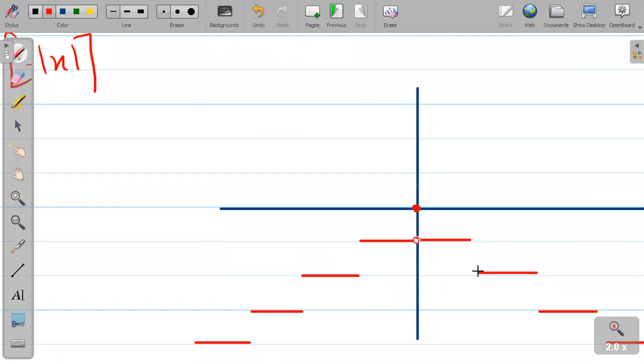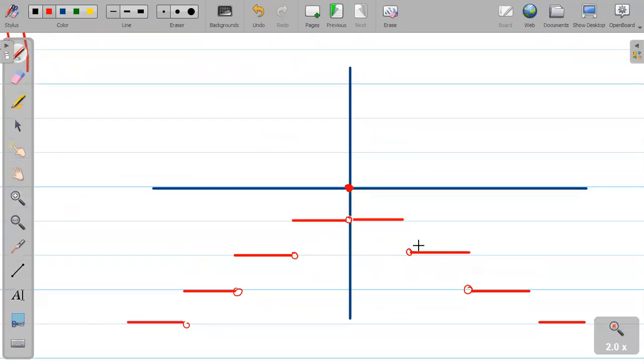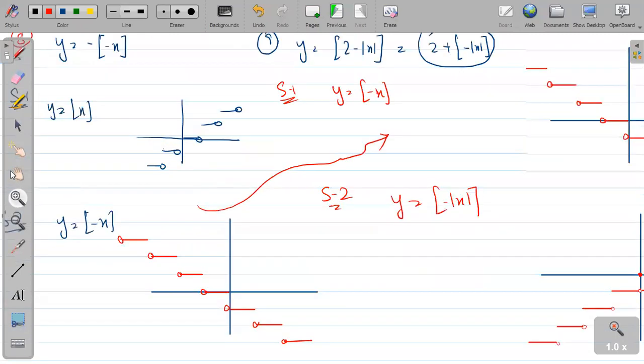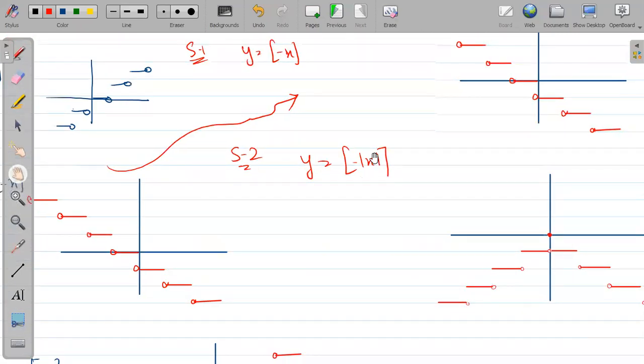Correct or not correct? You are getting the graph of y equal to minus of box of minus of mod x.